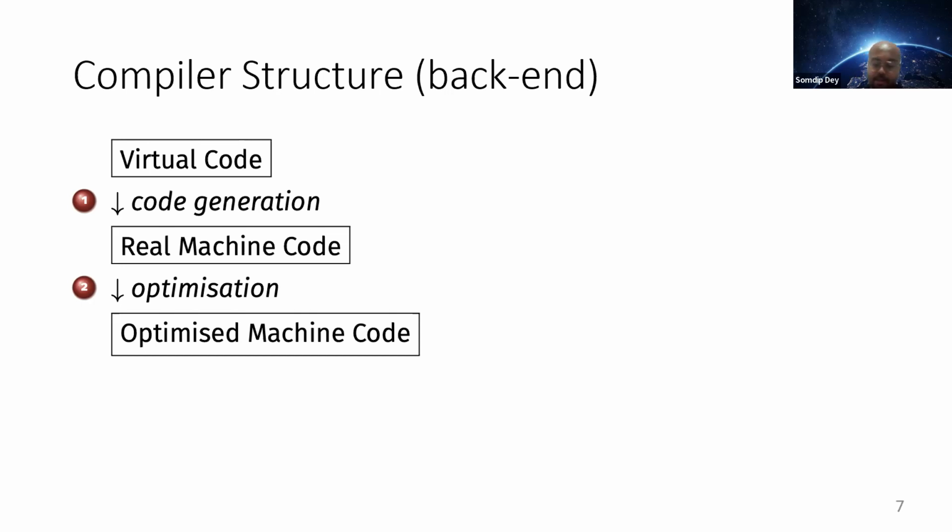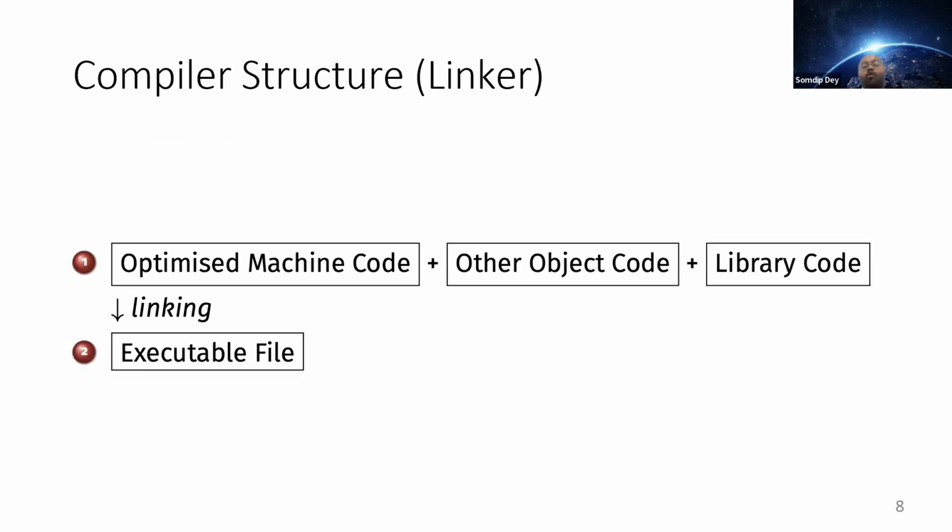After the optimized machine code is generated, it is processed by the linker phase of the compiler. In the linker phase, the optimized machine code and other forms of object code and library code are all linked together to generate the executable file.